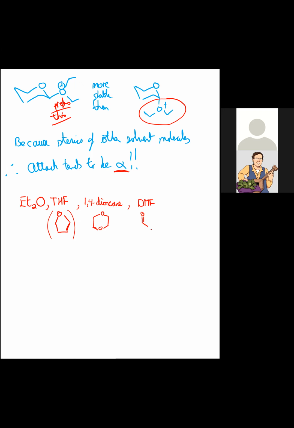Okay, completely different mechanism, but the same kind of idea: the oxygen will chelate to that anomeric center. You'll get an M+, and that will be stabilized by other DMF molecules, and that will favor beta. Now, acetonitrile is different. I'm going to start a new page for acetonitrile, but I'll finish my thought on this one.